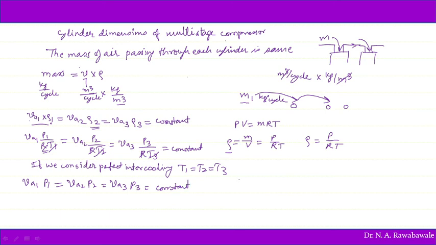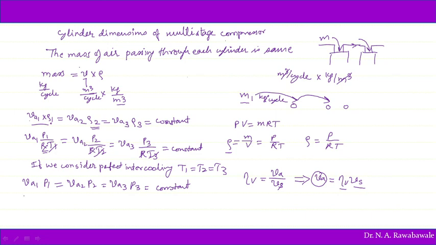Now one thing we know, volumetric efficiency is equal to actual volume of air divided by swept volume. So actual volume of air per cycle is equal to volumetric efficiency into swept volume. So VA can be written as the multiplication of volumetric efficiency into swept volume.